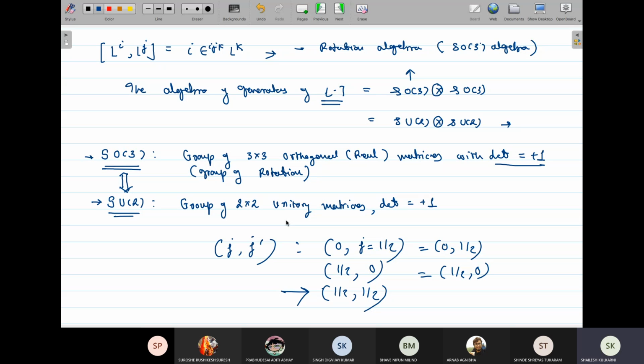But one has to understand what it means. So again, I advise you to read chapter 3 of Sakurai. The representations for rotations are given there, and we will require that. If you have not done so, please go through it.